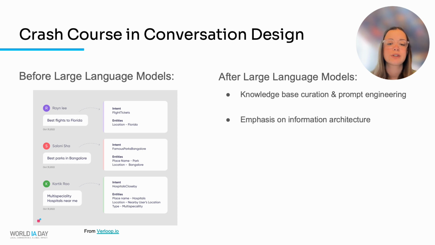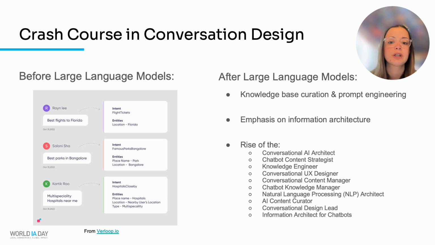You also get a rise of new job titles and roles around doing information architecture for conversational AI, like conversational AI architect, content strategist, content curator, all of which essentially describe the same tasks.